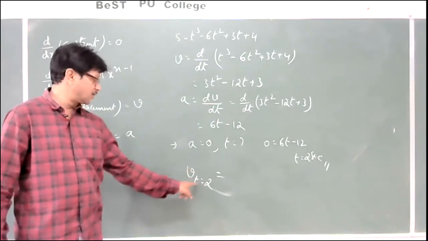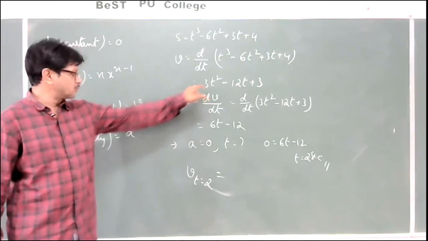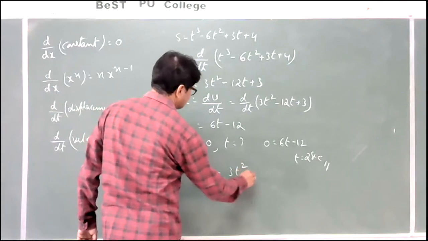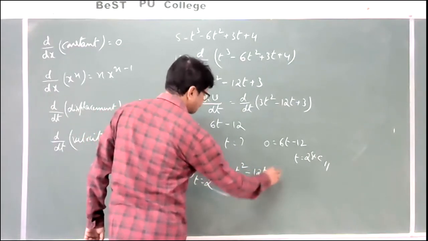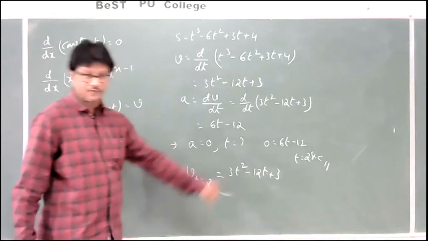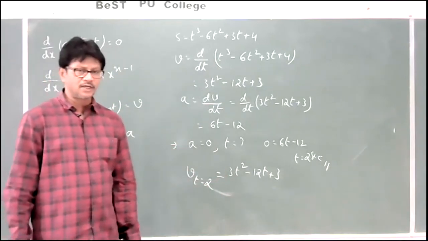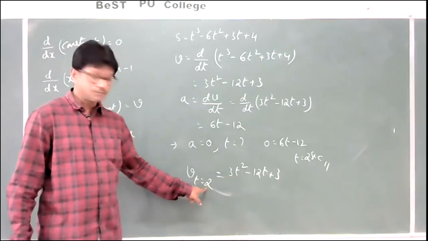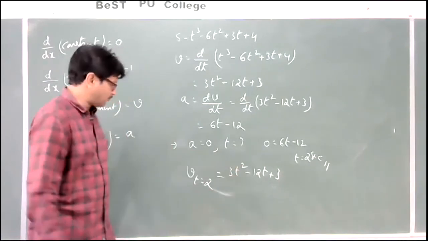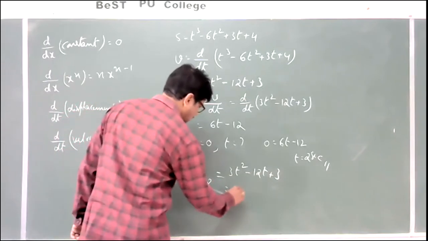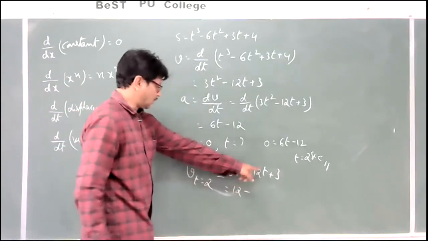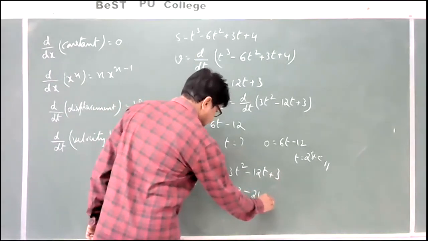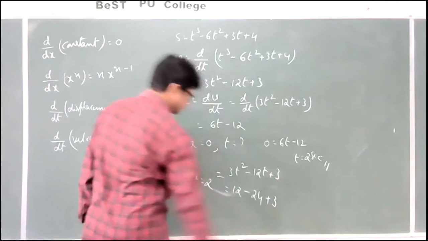What is the v value at t is equal to 2? What is the expression for v? 3t square minus 12t plus 3. This is the velocity equation. Instead of t, we have to take 2. 2 square is 4, 4 3s are 12, 12 2s are 24, plus 3.